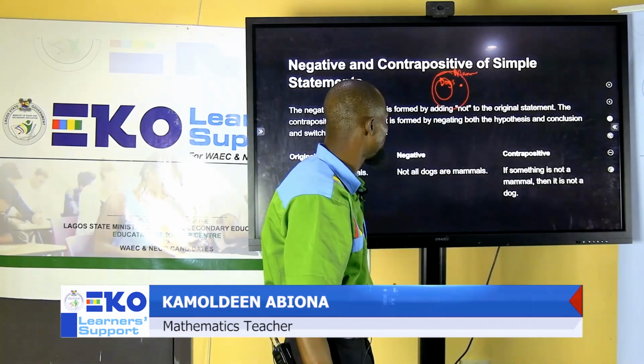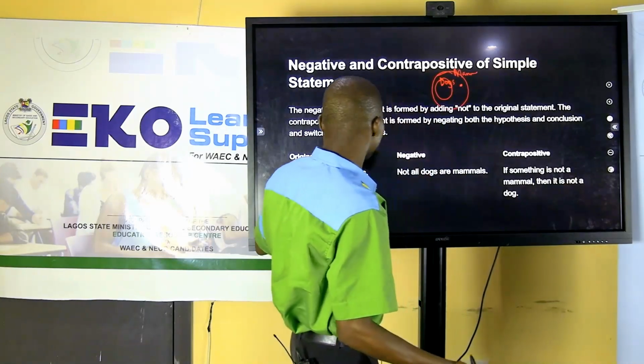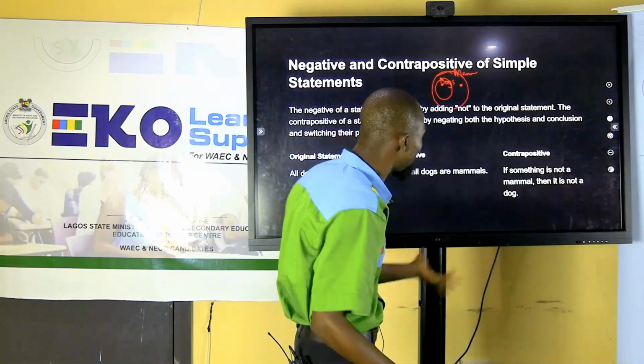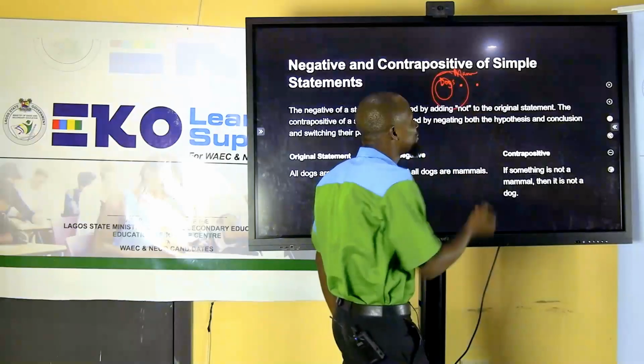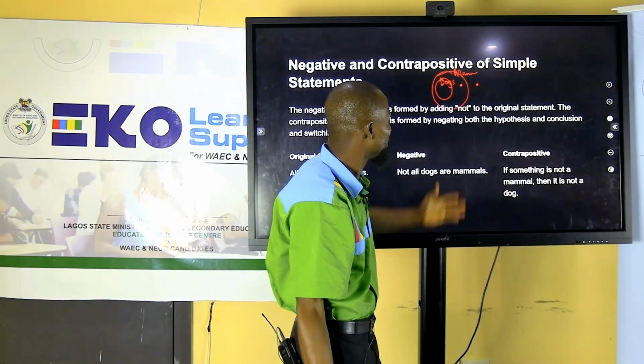Now, how do we make a contrapositive of this statement? If something is not a mammal, for example, if you see something outside here, can this be a dog? No. It can't be a dog.